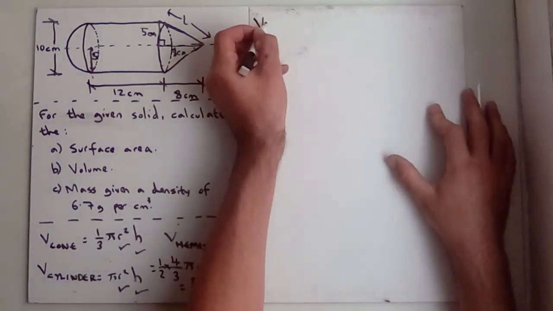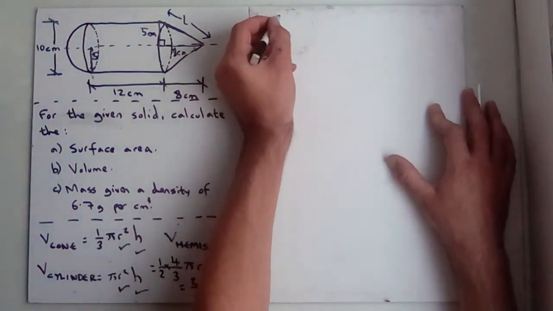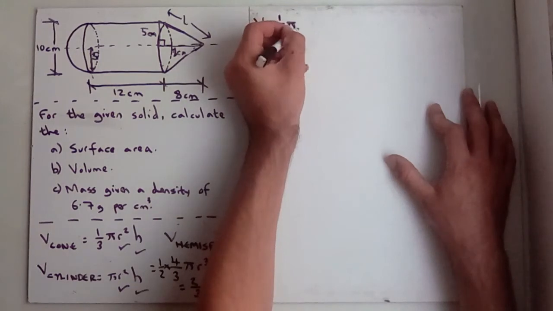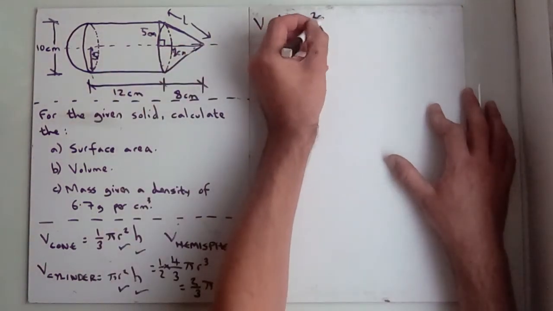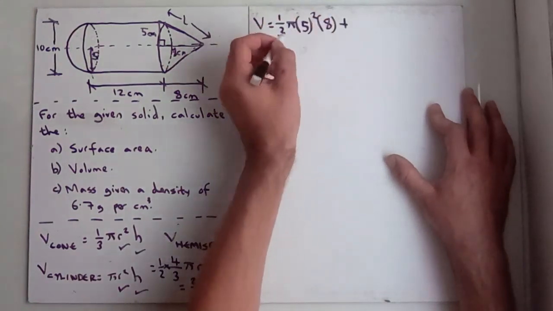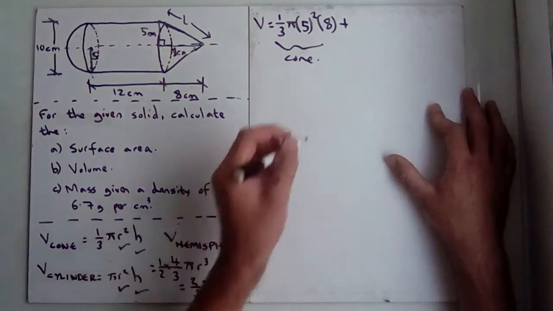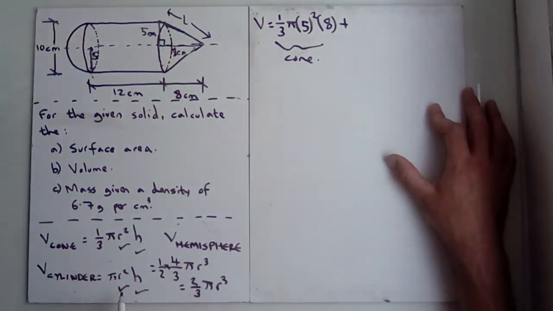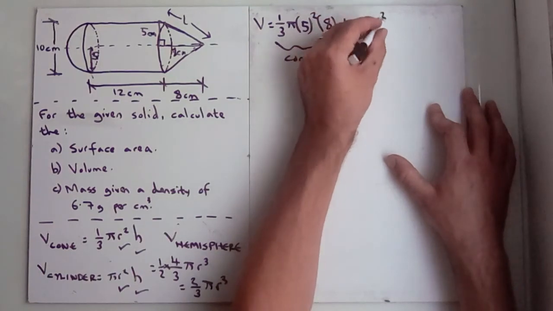So volume equals, well, we'll do the cone first, 1/3 pi r squared h, so 1/3 pi times r squared is 5 squared times h, we said was 8, plus, remember that's the cone, plus we'll do the cylinder next, which was pi r squared h, so that would be plus pi times 5 squared.